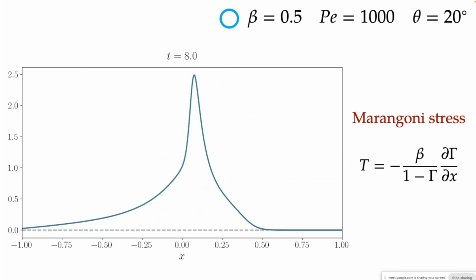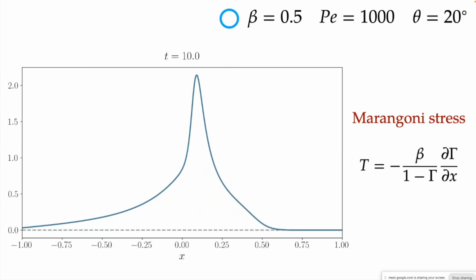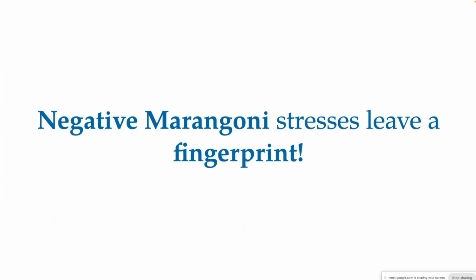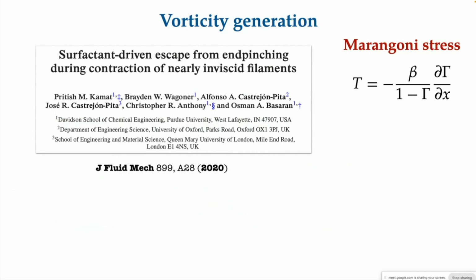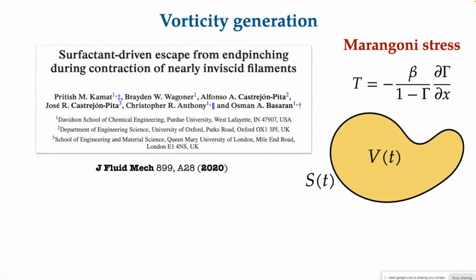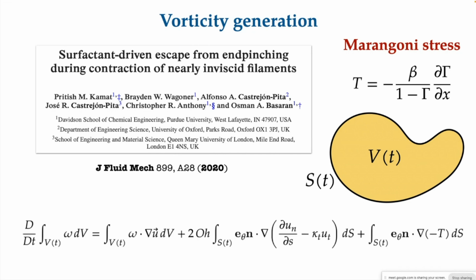Another reason why I showed this Marangoni stress is that negative Marangoni stresses leave a fingerprint. What we mean by this is basically if we take a macroscopic volume with volume V and surface area S, and we try to calculate the vorticity generation, it has basically three terms.